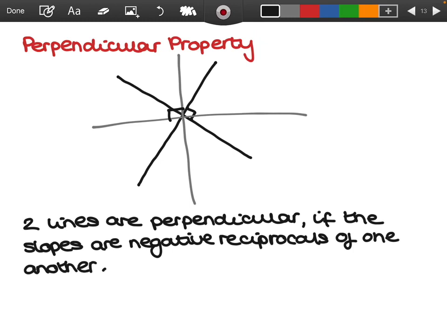Okay. Same actually holds true the other way around. If you've got two lines and you find their slopes and the slopes are negative reciprocals of one another, it means that they're perpendicular. So this is actually an if and only if argument. It works both ways. So two lines are perpendicular means that their slopes are negative reciprocals of one another, and if two slopes are negative reciprocals of one another, it means that the two lines are perpendicular. It works both ways.